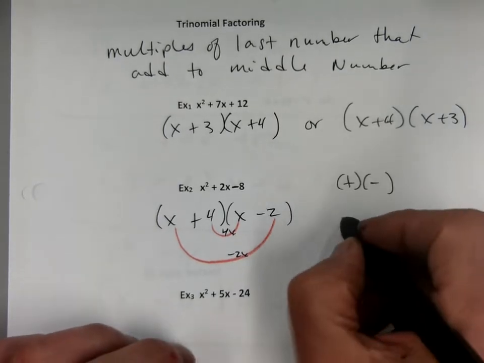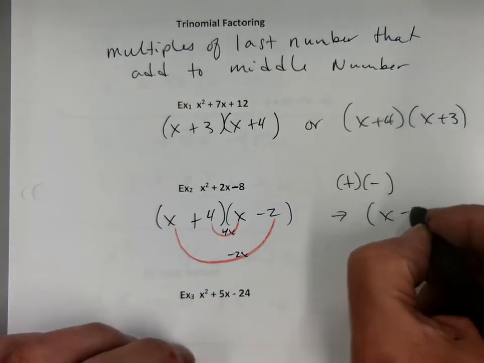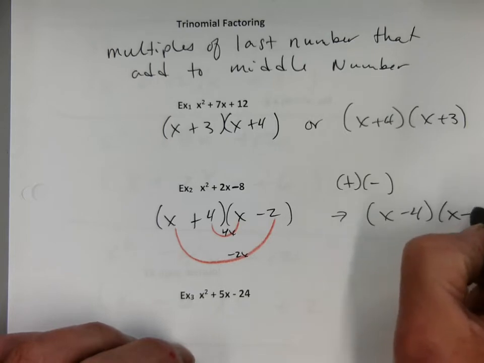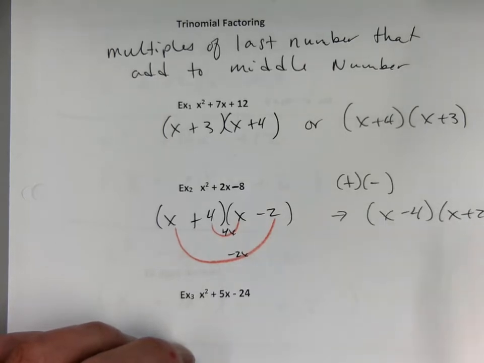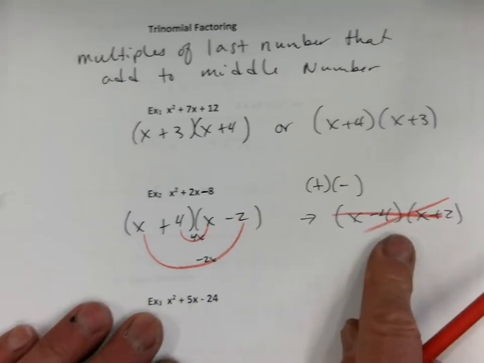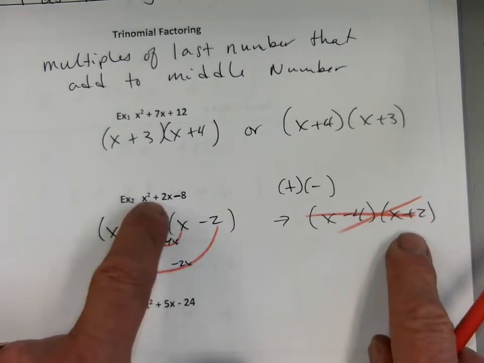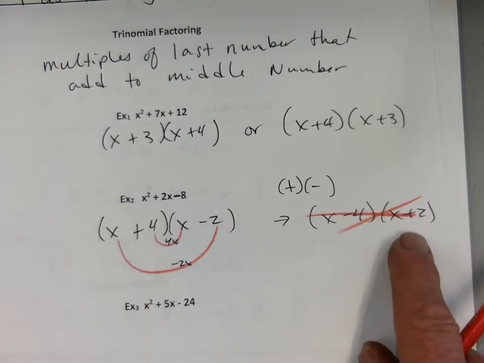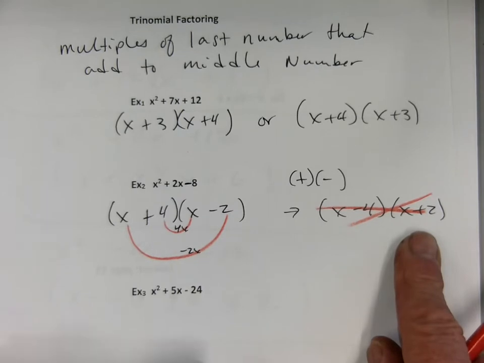Now what won't work is the negative 4, positive 2. That's not good because that wouldn't make a positive 2x. That'd make a negative 2x, right? Everybody agree with that? It's got to be positive 4, negative 2.